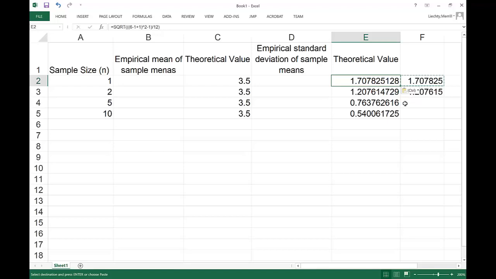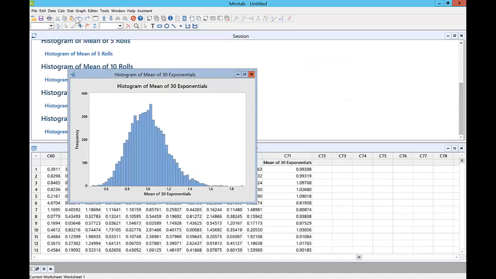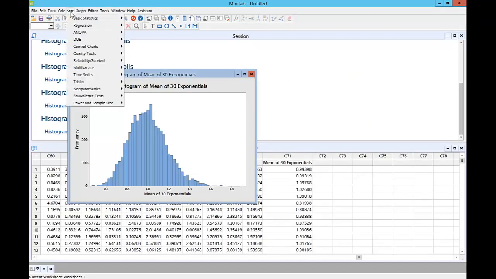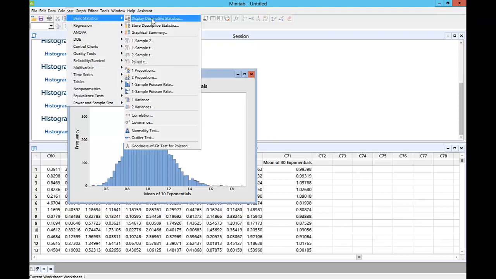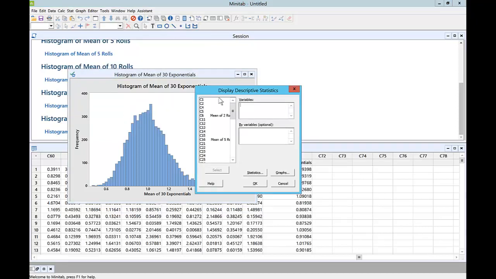So let's go back over to Minitab and see what the results are from our simulation and compare these. What we're going to do is go Stat, Basic Statistics, Display Descriptive Statistics, and the variables that I want are C2, that's going to be just a single observation, so n is equal to 1.